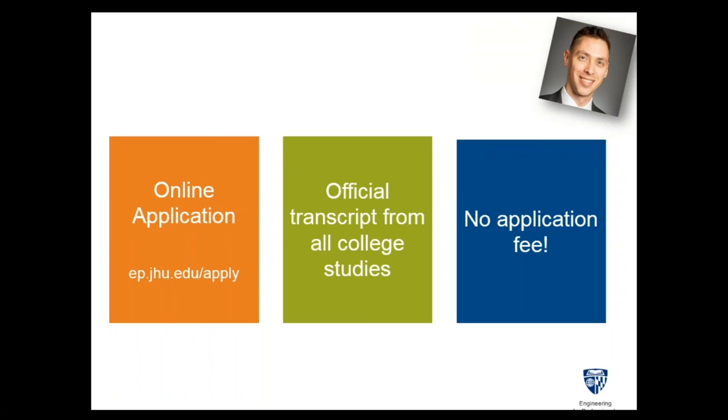In terms of application checklist, it's pretty straightforward. I know David just talked everybody through the application requirements, but in terms of the ins and outs of it here, we have an online application. There's the URL right there. If you go online to our website, it's a pretty straightforward online form. Once you've submitted that, we're looking for your official transcripts from all college studies. We no longer have an application fee.